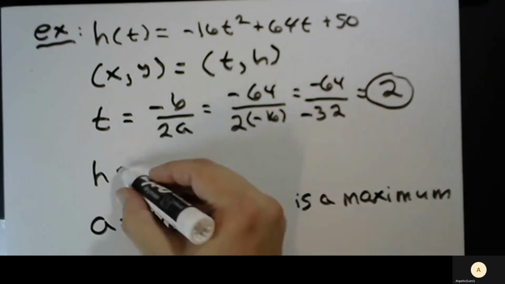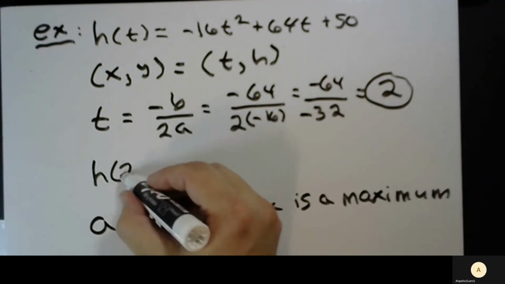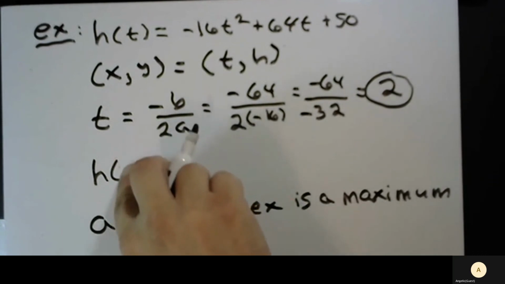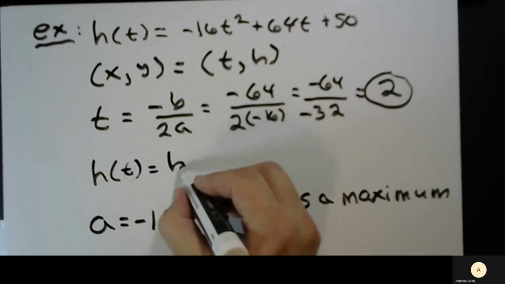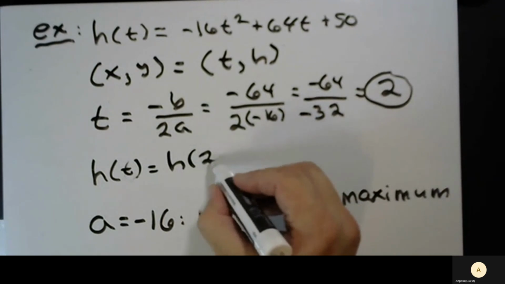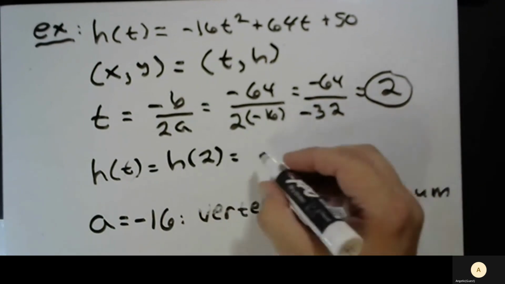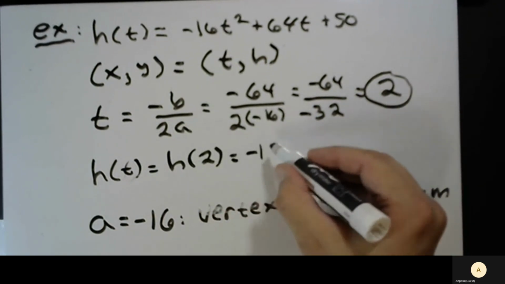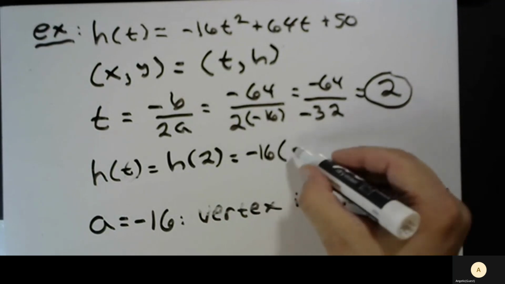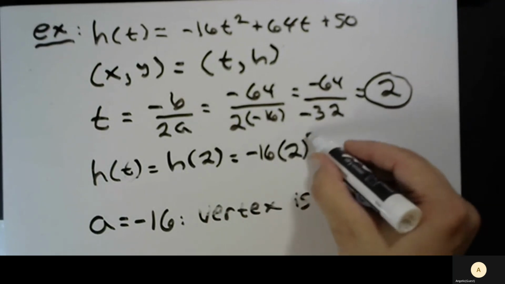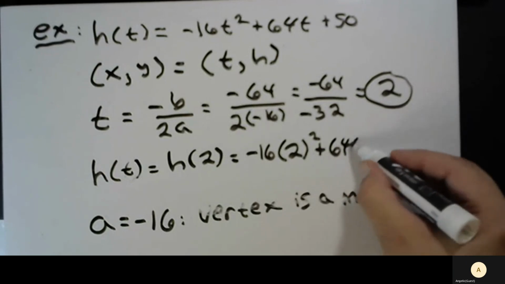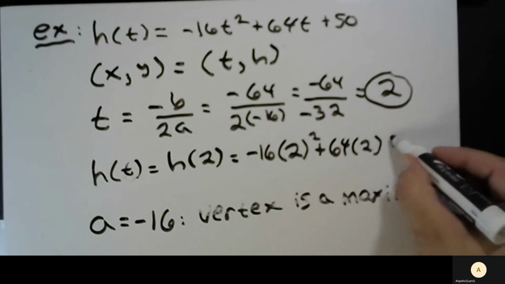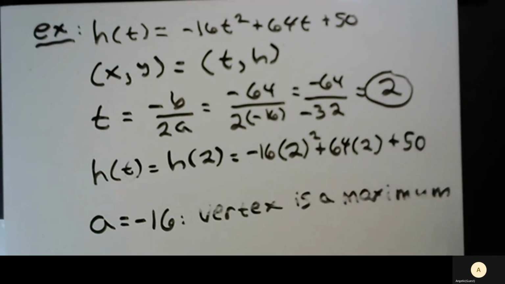And then h of t will be h of 2: negative 16 times 2 squared plus 64 times 2 plus 50.